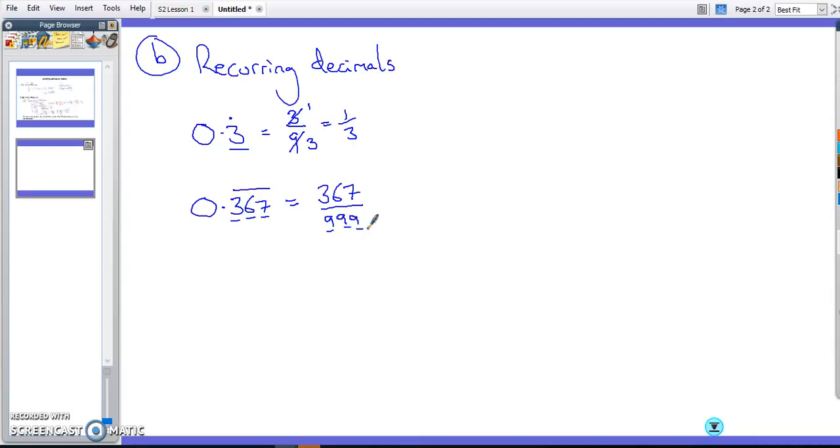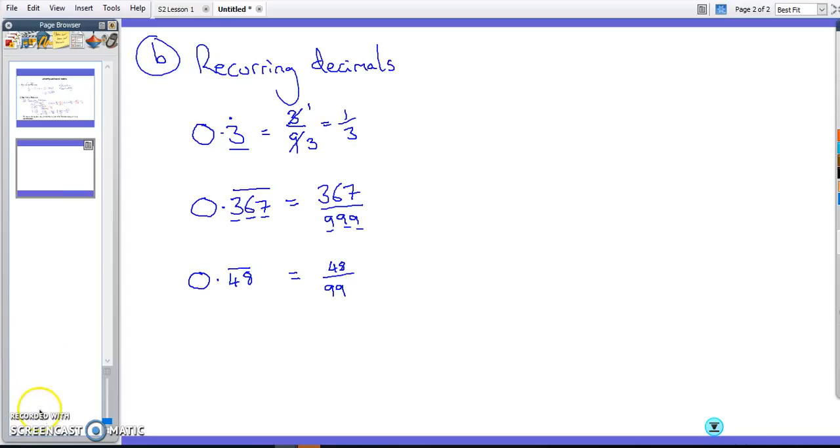And if you do that on your calculator, 367 divided by 999, you should come out with 0.367, 367, 367, etc. And it works the same if we had 0.48, both recurring. That would then be 48 over 99.